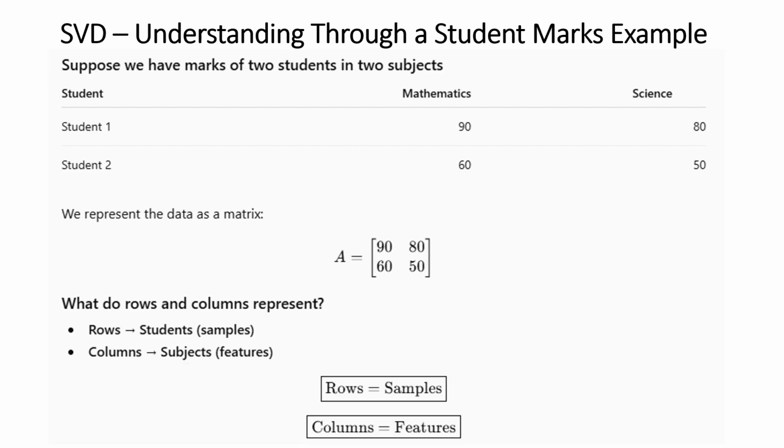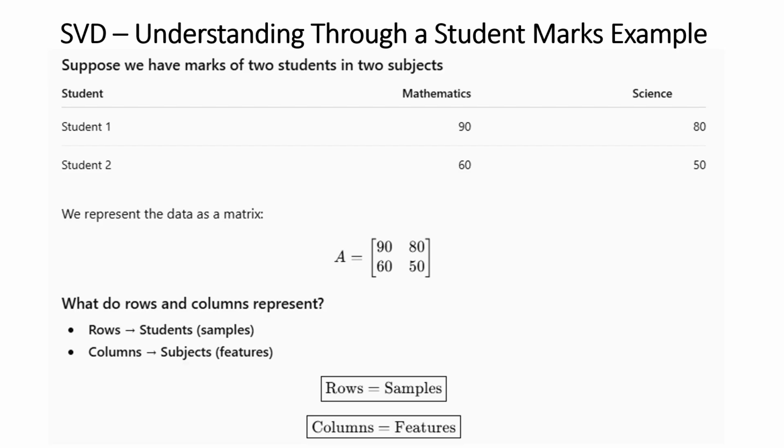Suppose we have the marks of two students in two subjects, that is mathematics and science. The first row will indicate the details of the first student, the second row will indicate the details of the second student. The first student has scored 90 marks in mathematics and 80 marks in science, and the second student has scored 60 marks in mathematics and 50 marks in science.